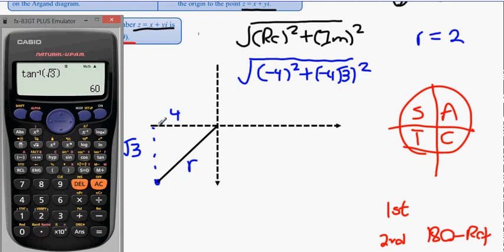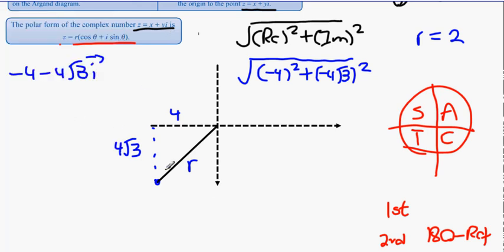So go to the calculator. Square root sign. Then we're going to use minus 4 root 3 squared, and then minus 4 squared for the other part. And put that in, and we get 8.